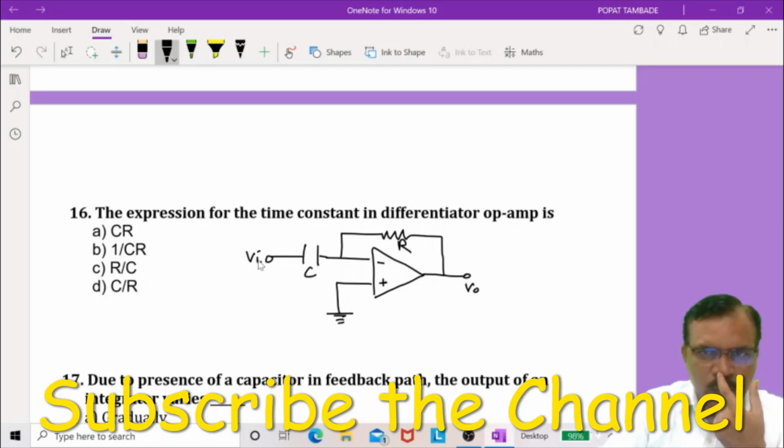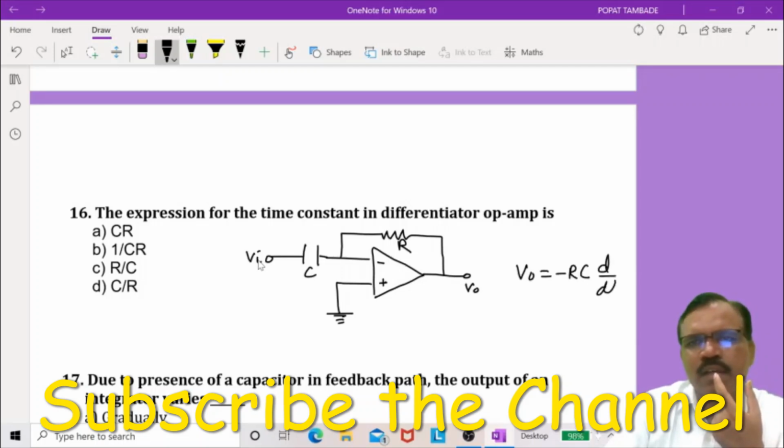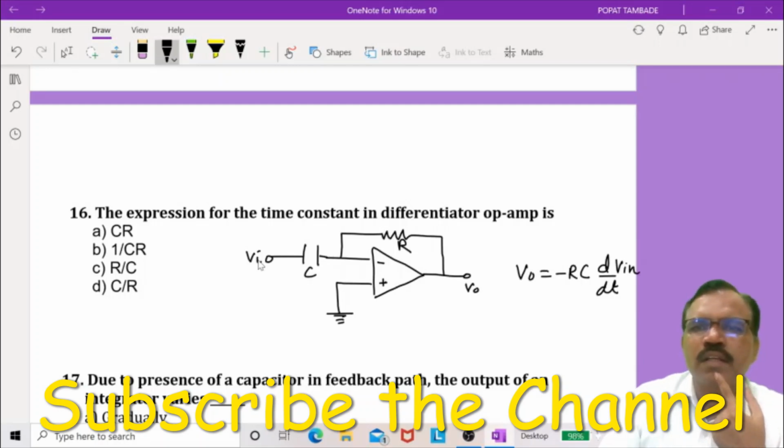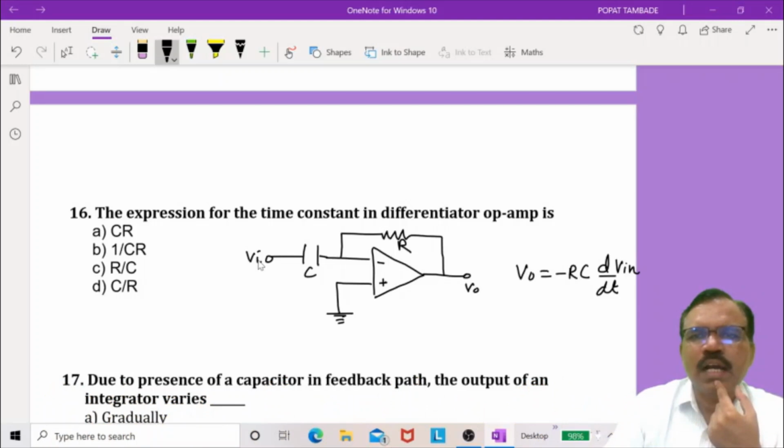So V0 here is minus RC into d by dt of V in. Here RC is the time constant of this. So it is RC or CR.